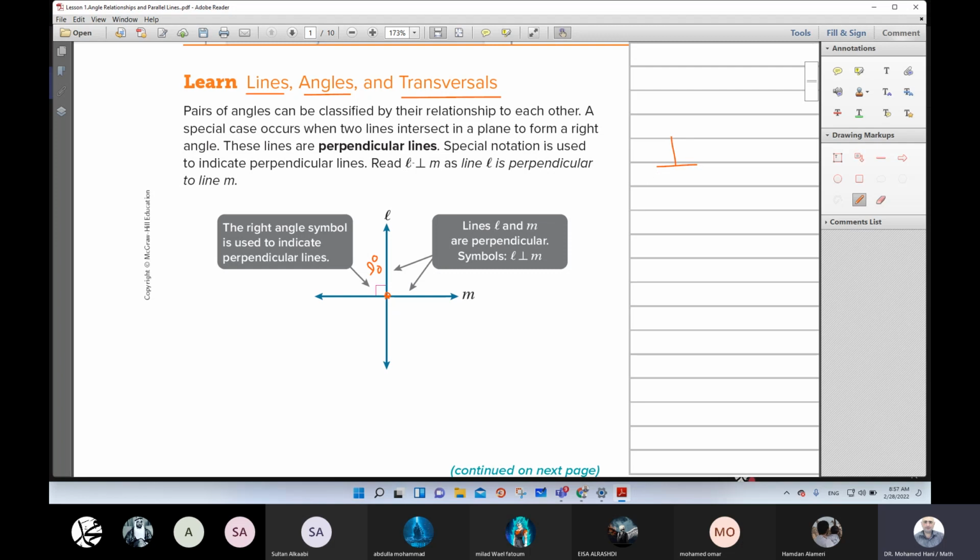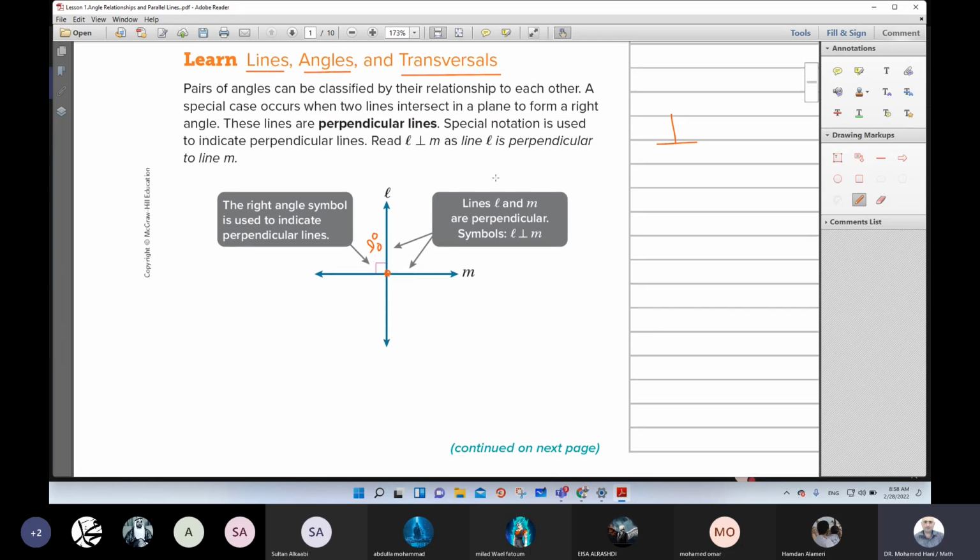So L perpendicular to M. As you see, the right angle symbol is used to indicate perpendicular lines. The two lines here, lines L and M, are perpendicular. L is perpendicular to M.